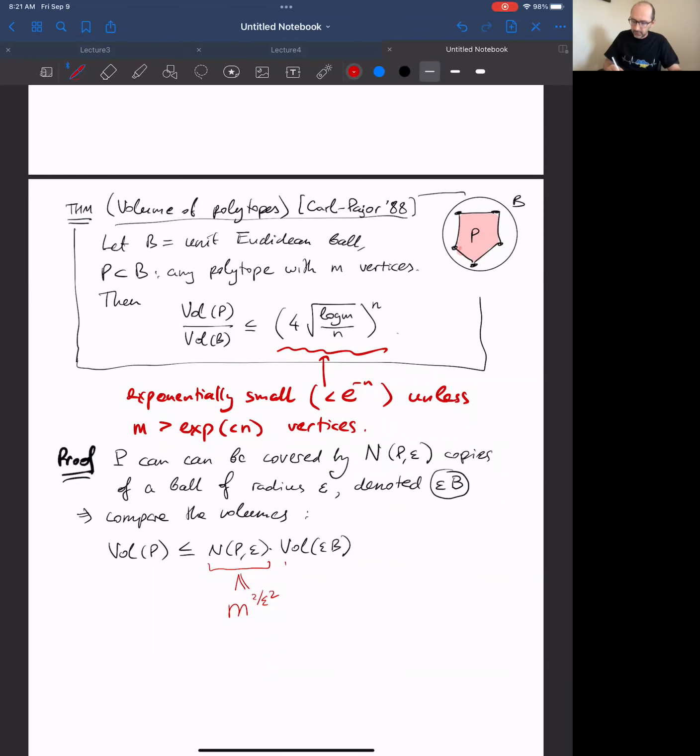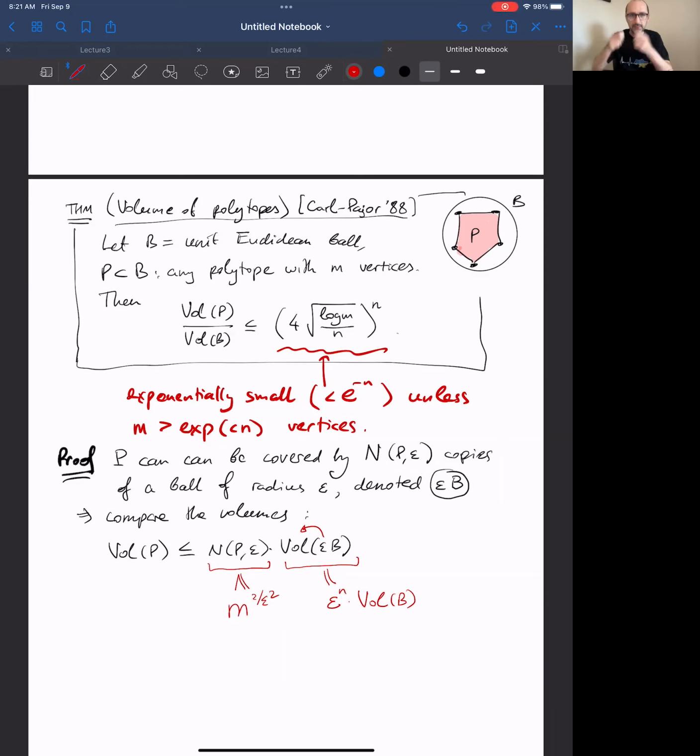And what about the volume? The volume we know. How did it scale? How can I take epsilon out? It's something times the volume of B. What is that something? Epsilon to the n-th power. Yes, it's epsilon to the n. That's how the volume scales in dimension n, right?